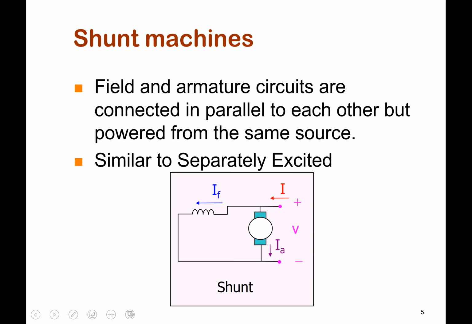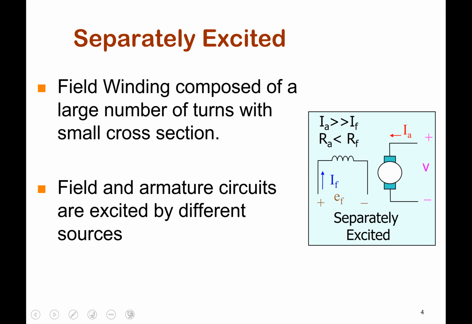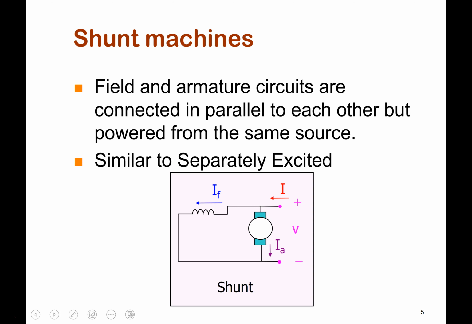Now, for the shunt machines, we have the field and armature circuits connected in parallel to each other. This is similar to separately excited if you think about it. It functions just as if you had a separately excited machine, but you apply the same voltage to both the field and the armature.